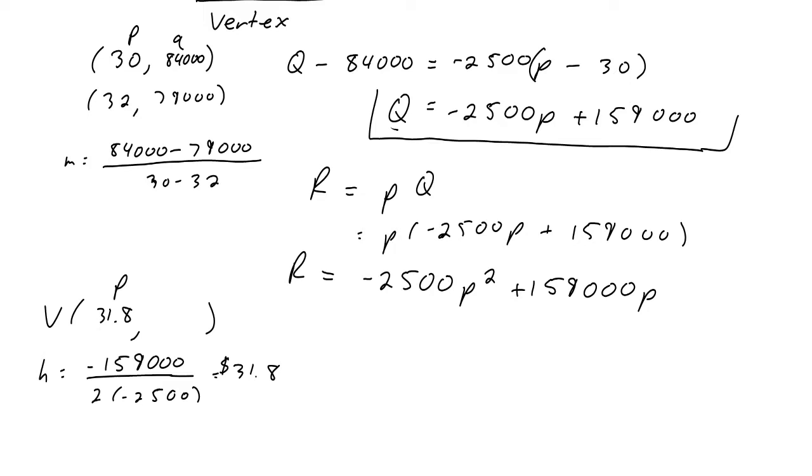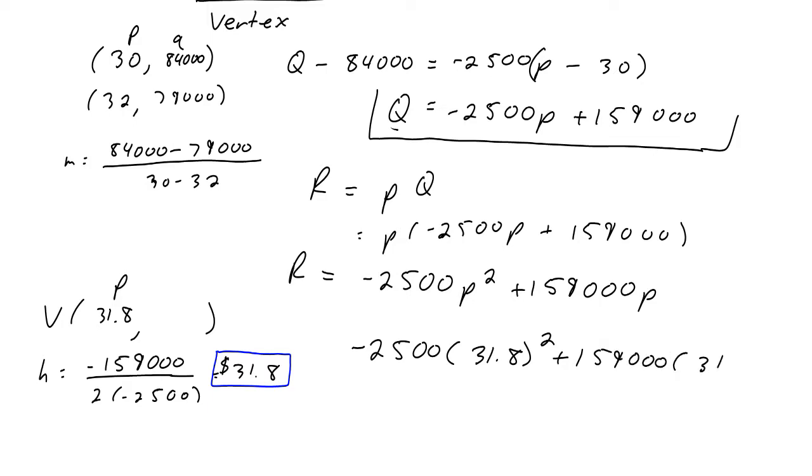And then we can find the quantity, okay, the maximum revenue. Now they only asked us what price they should charge, so we are done. That is all we need. $31.80 will maximize their revenue. But what we can do is evaluate this, negative 2,500 times 31.8 squared plus 159,000 times 31.8 to give them the maximum revenue.